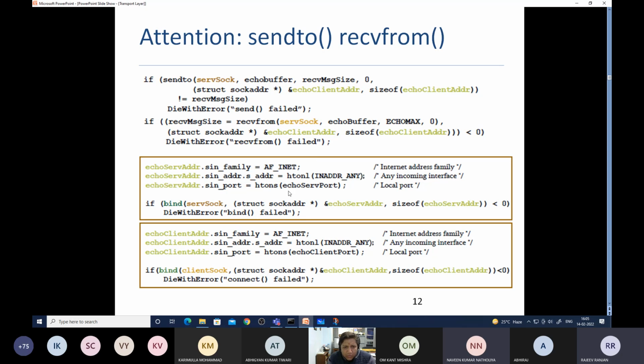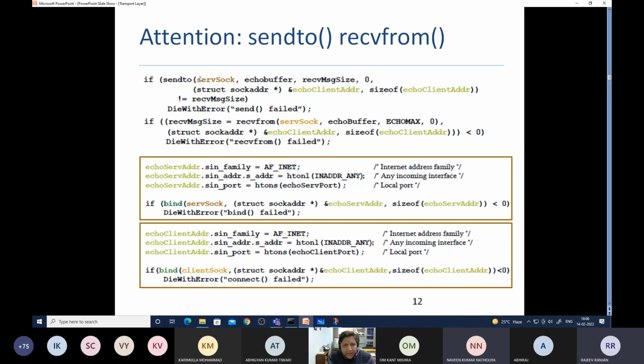So this is how we use bind. At the server end, the server socket is bound by the server's address and server port number. We'll be seeing this particular thing in our socket programming lab, in detail, how you can create a socket and how you can send or receive data.